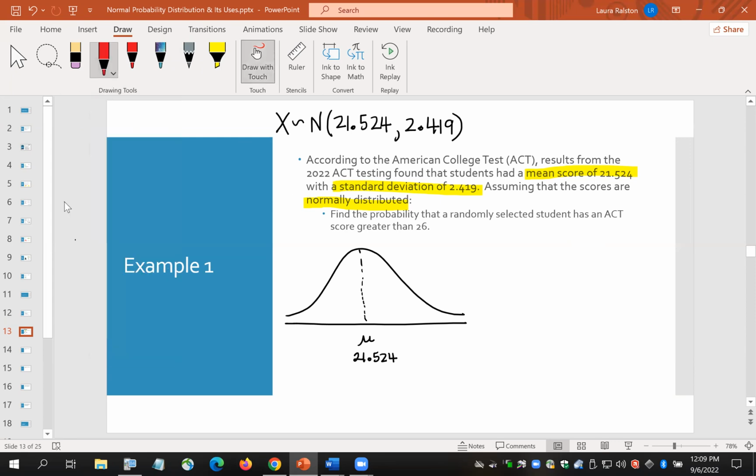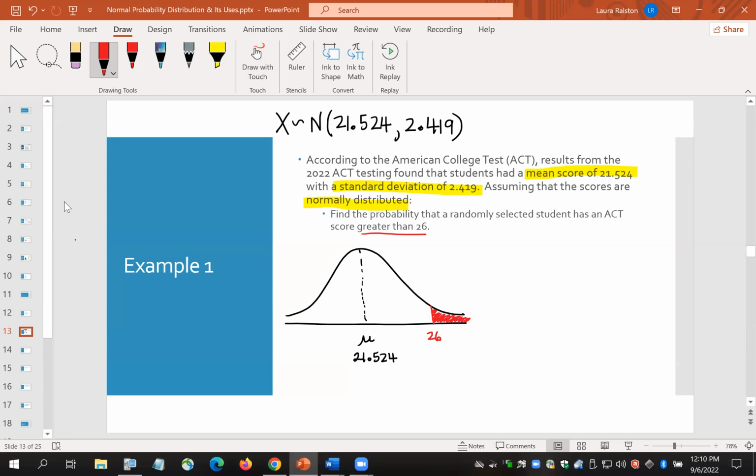Use a little bit of common sense: if the mean is 21.524, 26 is going to be to the right because 26 is greater than that mean value. And I want to be greater than 26, so I'm going to be to the right.